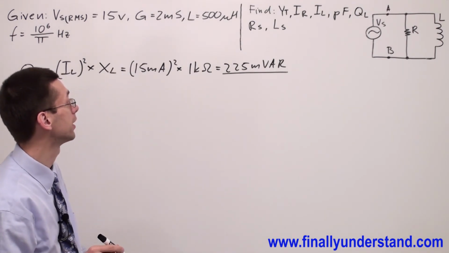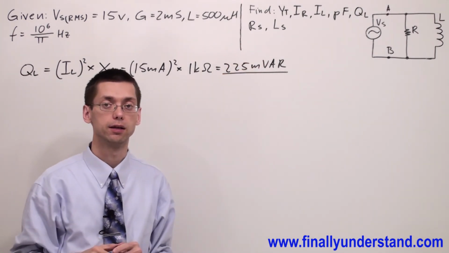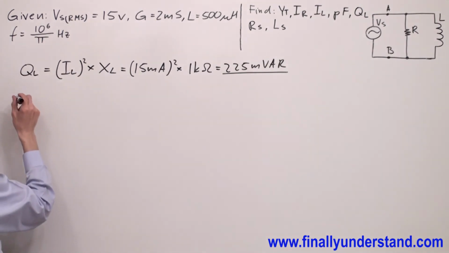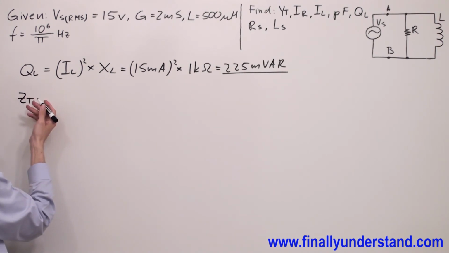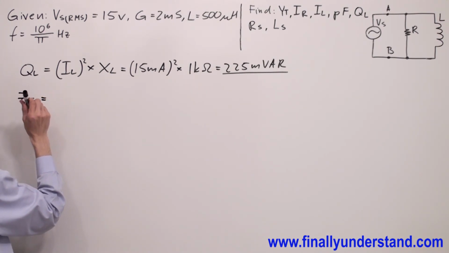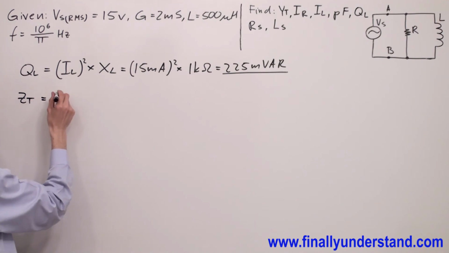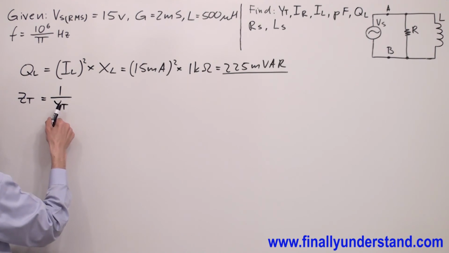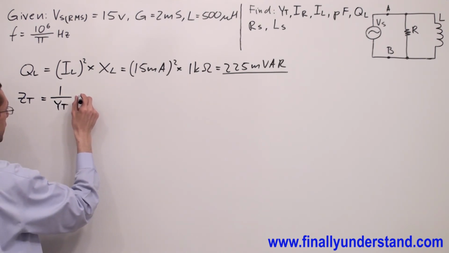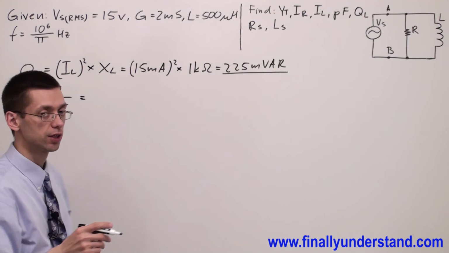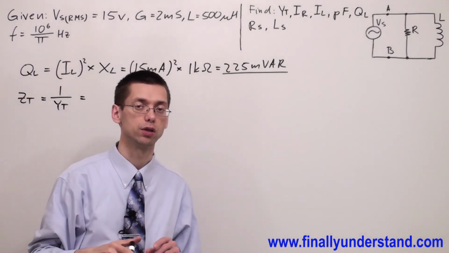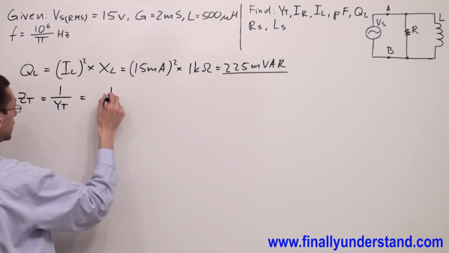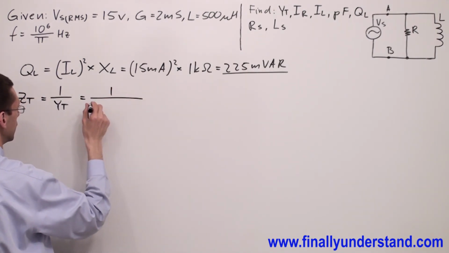Next, I'm supposed to find the resistance in the series equivalent circuit. In order to do so, I'm supposed to write Z total, but we didn't find Z total, but we have Y total. So Z total, as you remember, is equal to 1 over Y total, the reciprocal of the total admittance. Next, you're supposed to set your calculators to the rectangular mode, so you make sure that you get the answer in rectangular form.